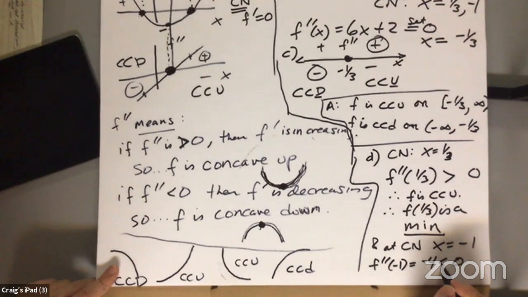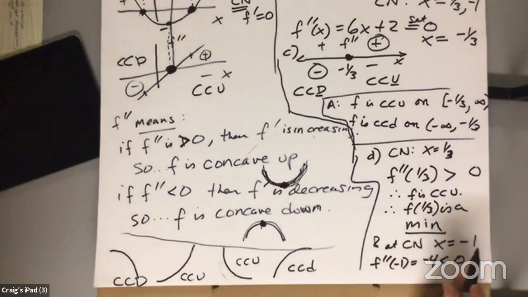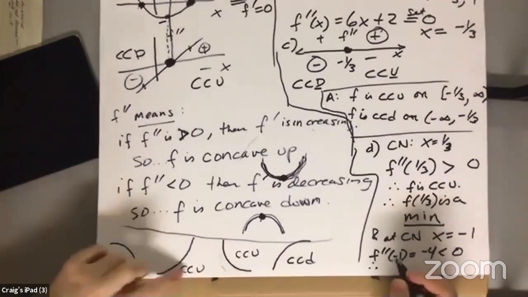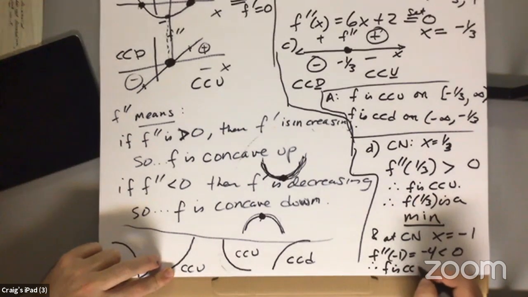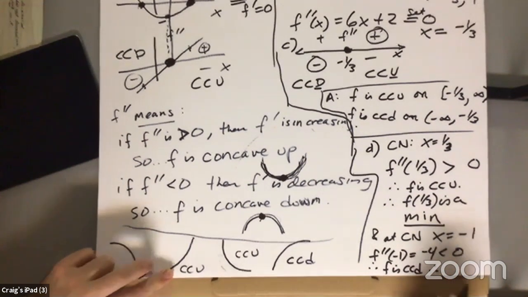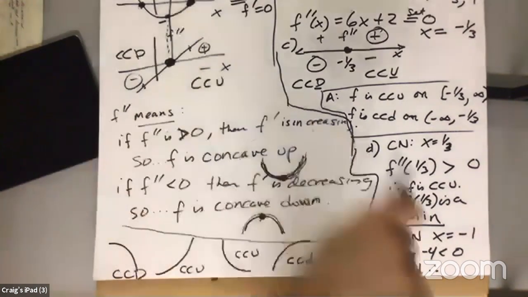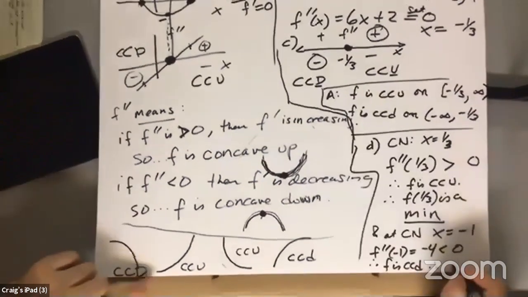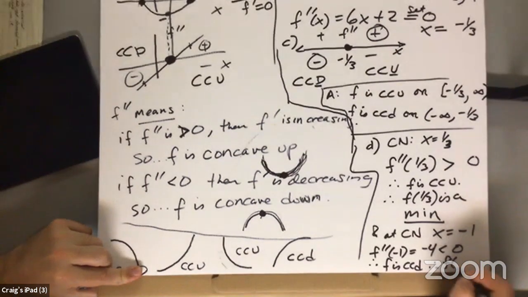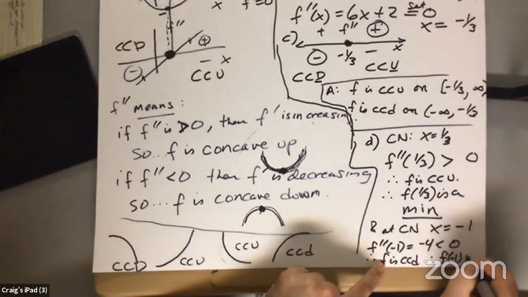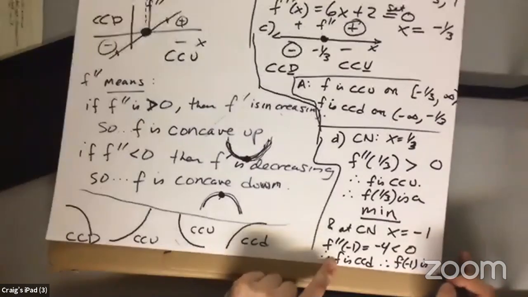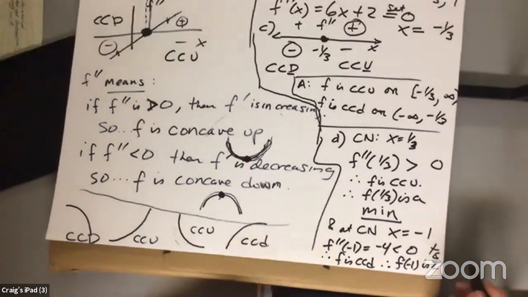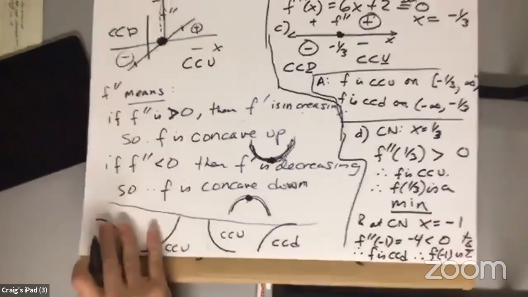Since it's negative, the second derivative is concave down. And the second derivative test says if it's concave down at a critical number, then f has a maximum. So f of -1 is a max, and I ran out of space. Okay, sideways max, I can't imagine you can read that, but whatever.